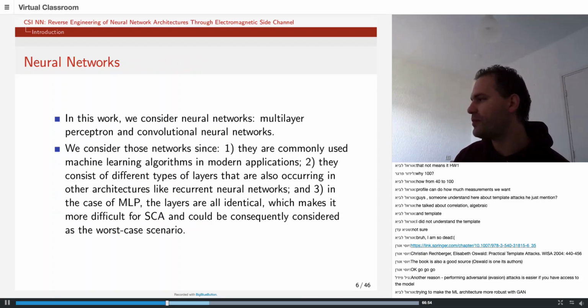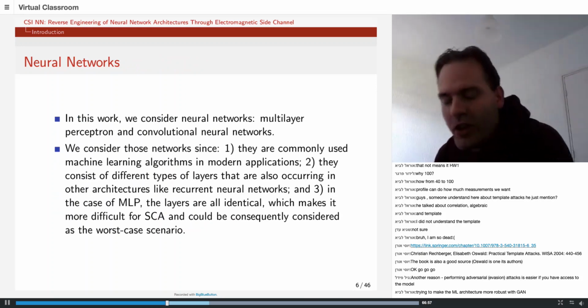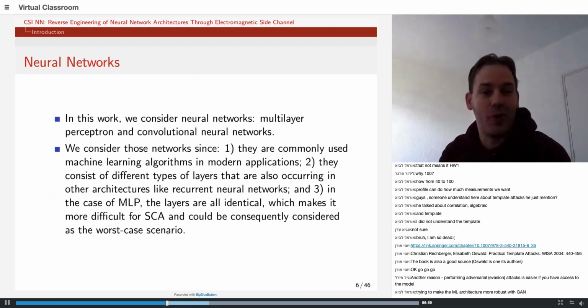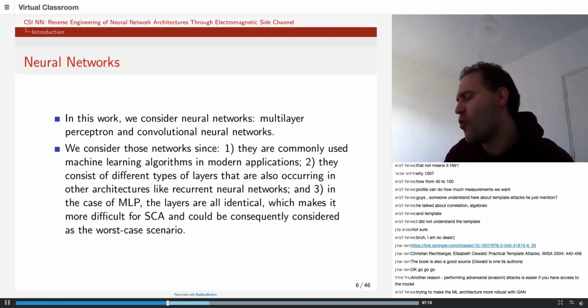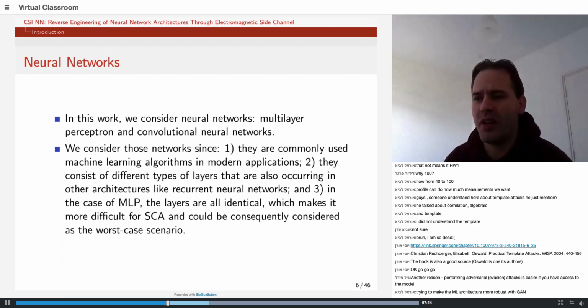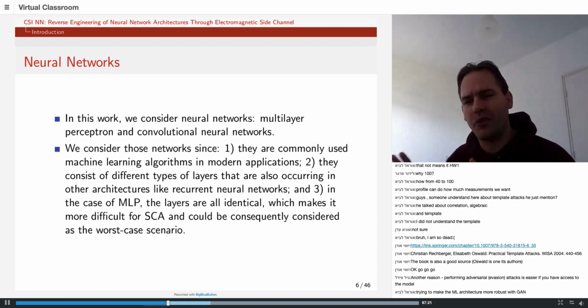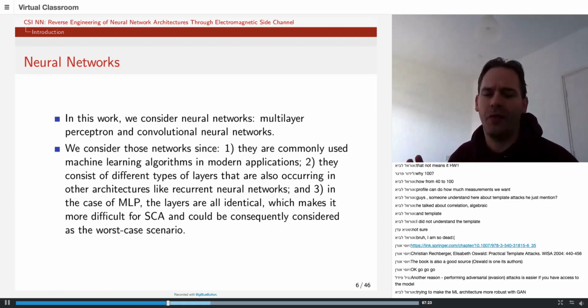Here I will talk about reverse engineering neural networks, and there are so many different types of neural networks, so I'm limiting to only 2 types: multi-layer perceptron and convolutional neural networks. Hopefully, you all heard of those, but if not, do not worry, it's not so crucial at this point. What is important to mention is both of those types of networks are feed-forward networks, which means there is no feedback loop.